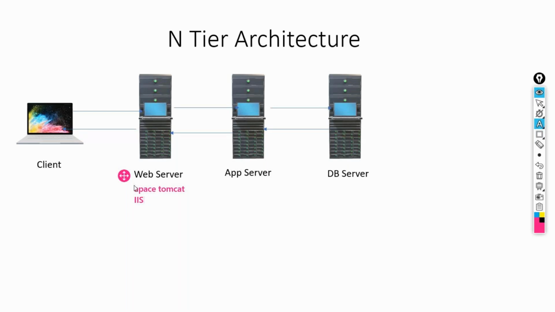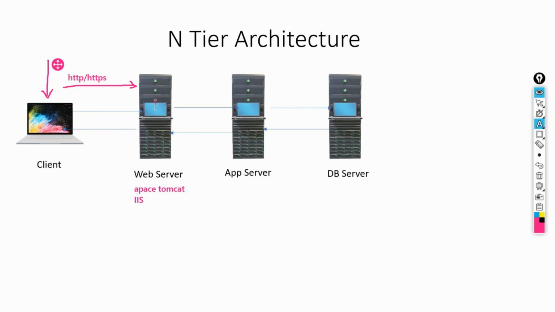So that is a good example of a web server. Now, when you click a link here, what will happen? A request will go to the web server. What kind of request will go to the web server? An HTTP or HTTPS request.